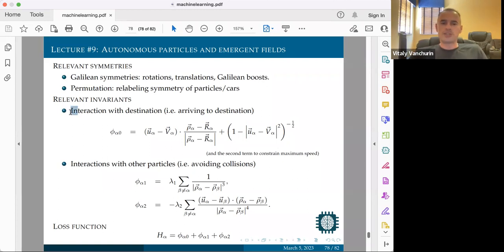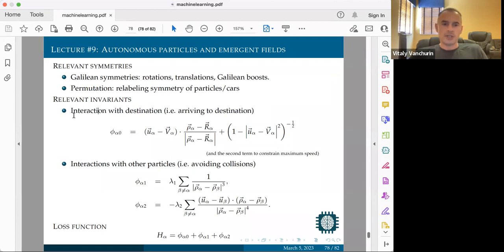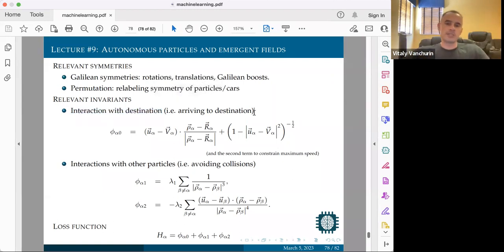Now, what are the 2 objectives we'll try to accomplish here? The first one is we want cars to go to their prescribed destination. We'll be choosing random destinations, and then we'll say, okay, car, it's your objective, you want to get there as fast as you can.